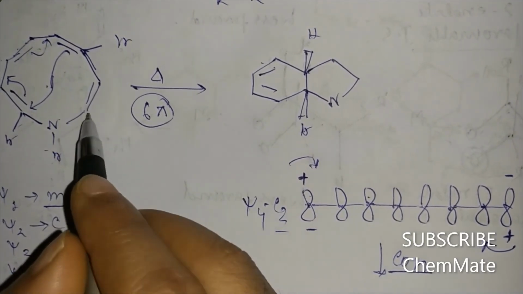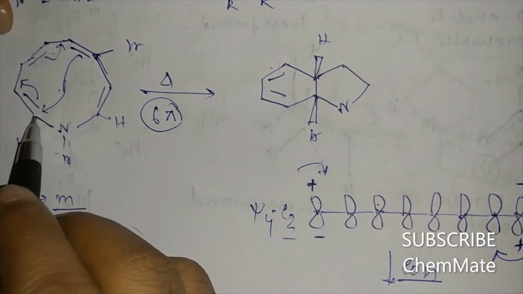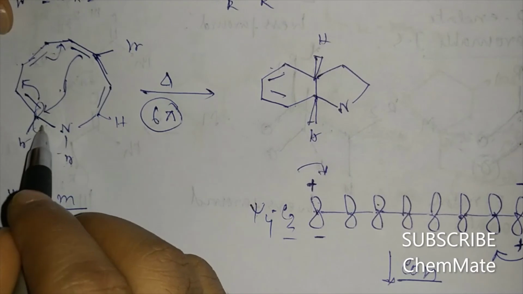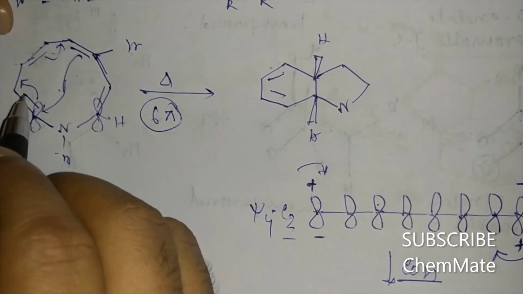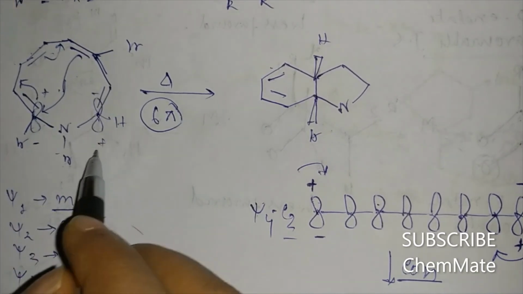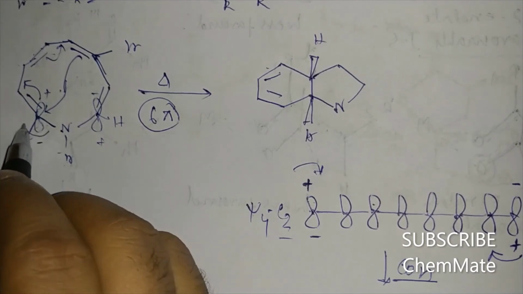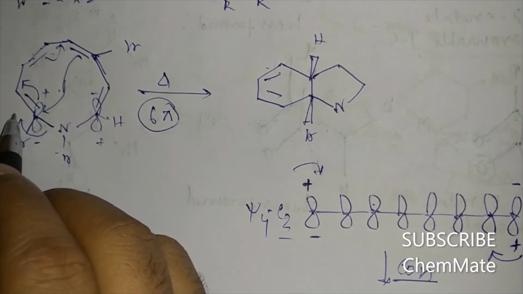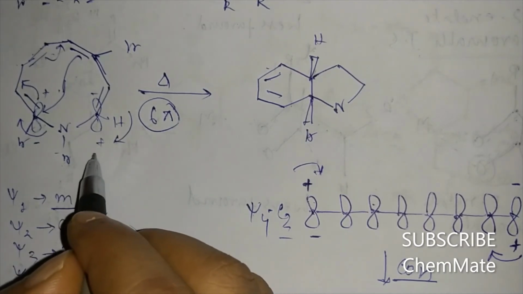Here is one hydrogen, so the 2p orbital will be like this. Now for conrotation, it is plus minus minus plus. This will rotate, so the hydrogen will be above, and this will rotate in clockwise direction, so the hydrogen will be below.